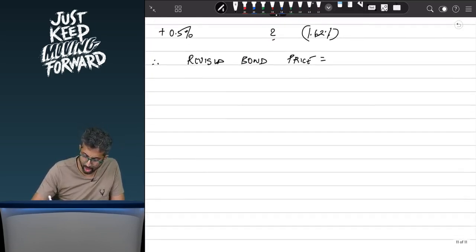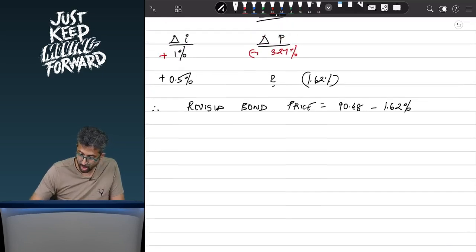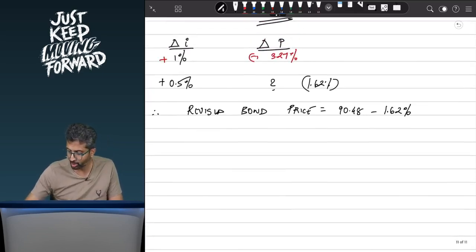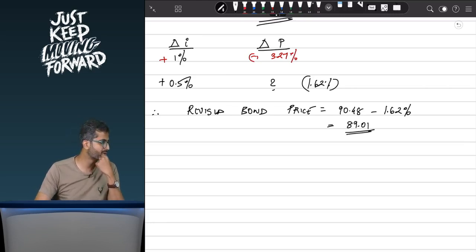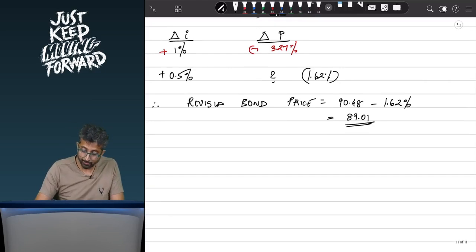So my revised bond price will be 90.48 minus 1.62%, because it is going to fall. 90.48 minus 1.62% comes to around 89.01. This will be your revised price using the duration measure.